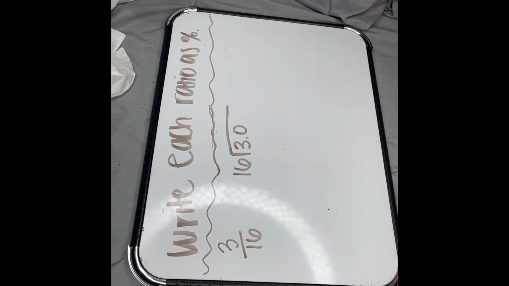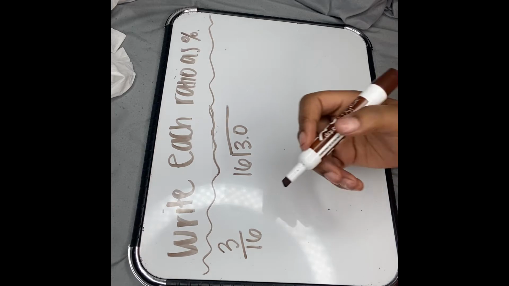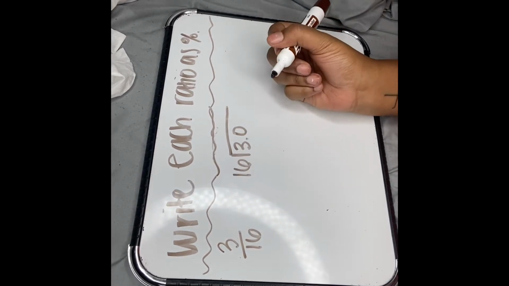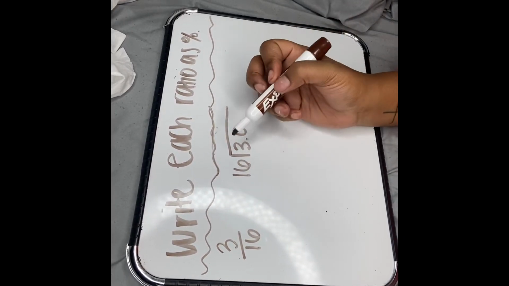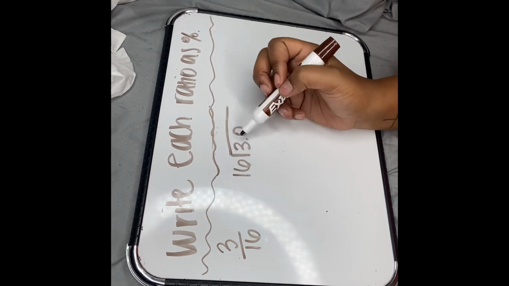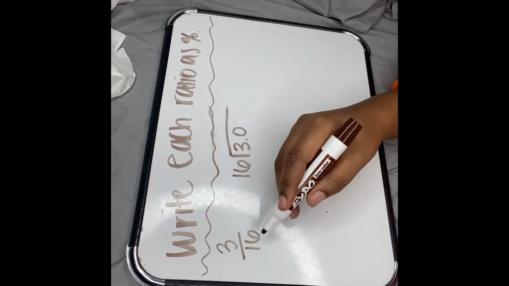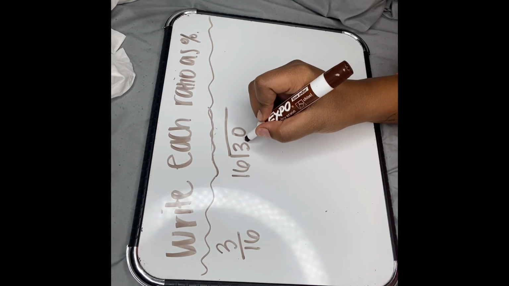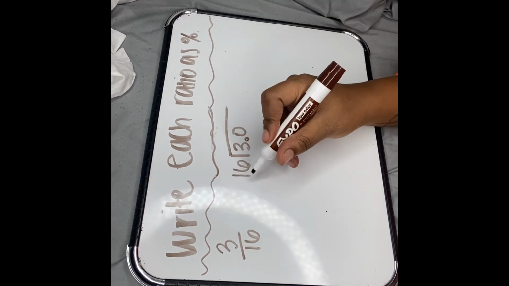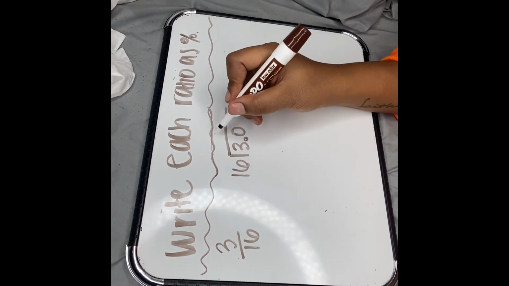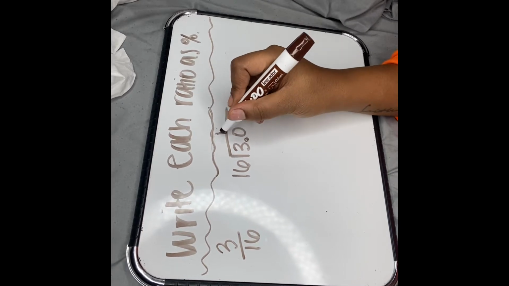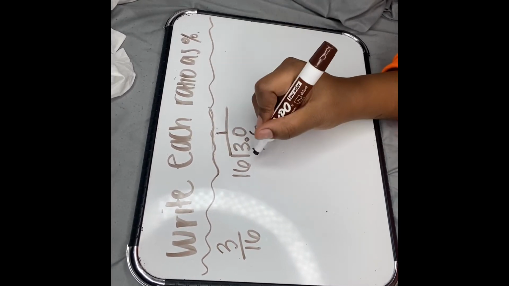Okay, so next we are going to find the percent of the ratio 3 over 16. So another way we could do that is divide 16 into 3. But since we can't divide 16 into 3, we'll put the decimal and add a 0. So 16 goes into 30 one time. And 1 times 16 is 16.